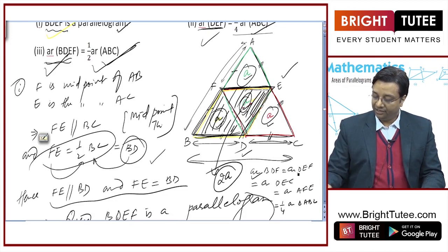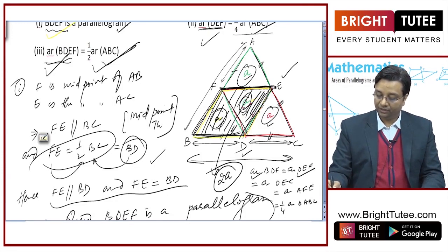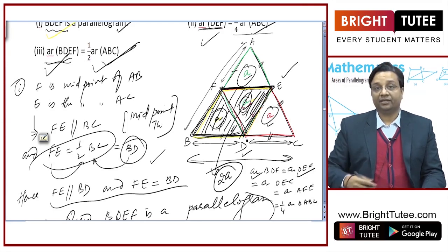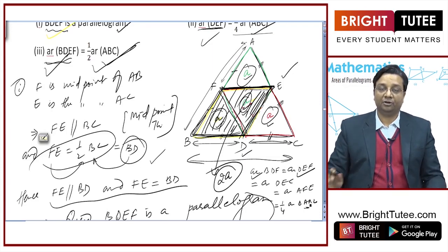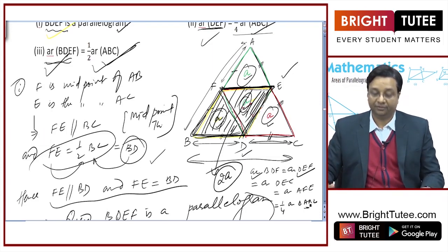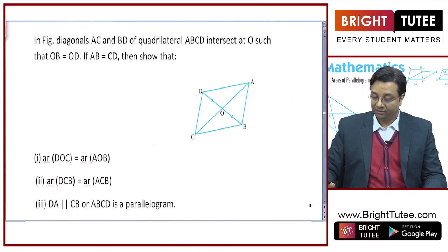So if I add any of these two, let me add FED and FBD, that will give me half of area of triangle ABC. I hope you understand this and you can do it yourself. I have given you enough explanation for this.